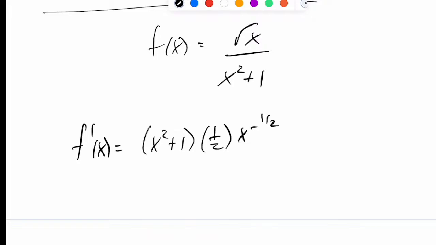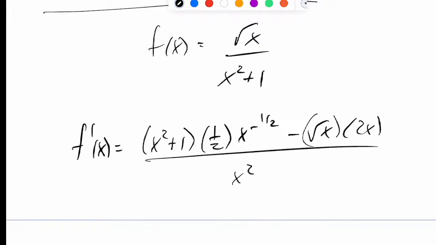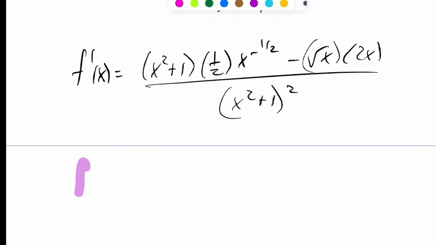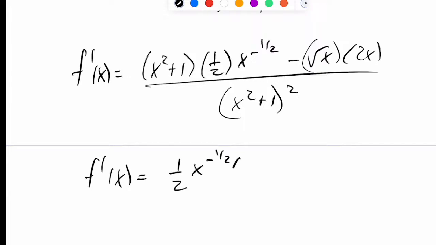Bottom derivative the top. I would do quotient rule, so bottom derivative the top minus the top, and then the derivative of the bottom is 2x, all over the bottom squared. So that's your derivative. So I'm getting here f prime at x is equal to, just leave it like this, x to the minus 1/2, right? x squared plus 1.